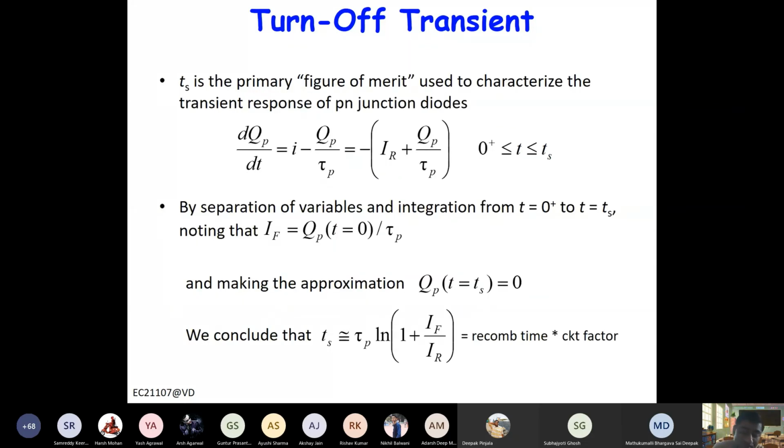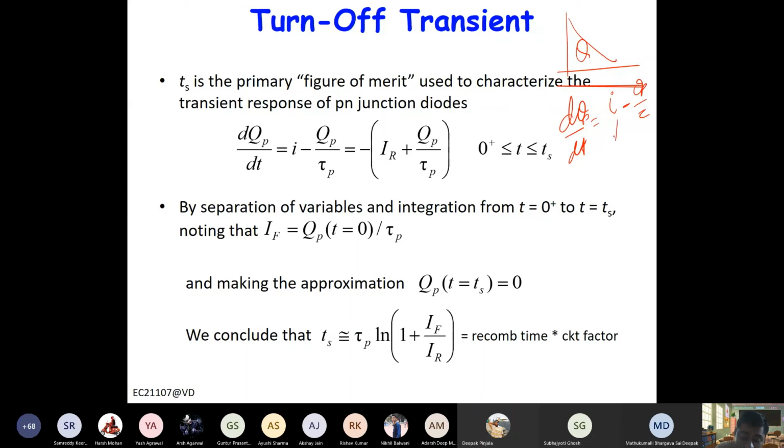Now, if you want to write the equation for this charge, what is the rate of change of this charge? dQ by dt is the charge supplied. In forward bias, the current is flowing in, supplying the charge, minus recombination. Recombination is Q by tau. This is Qp, so Q by tau.